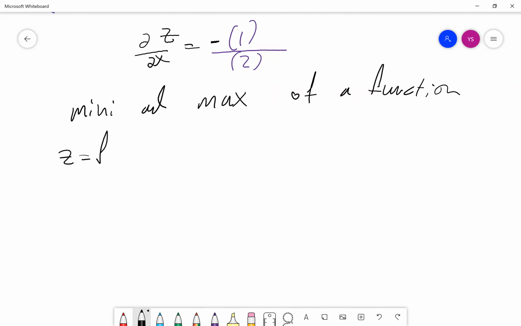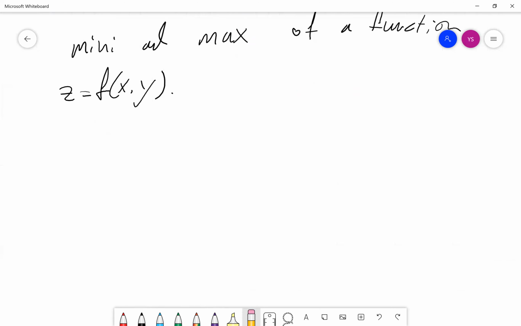Let's say z is equal to f of x. Okay, so very similar to Calc 1. Minimums and maximums of functions are very important, especially let's say in physics. The minimum of a Lagrangian is how certain physical systems behave, and finding the minimum in a regression model will help you create a good data analytics tool. So minimums and maximums are very important.